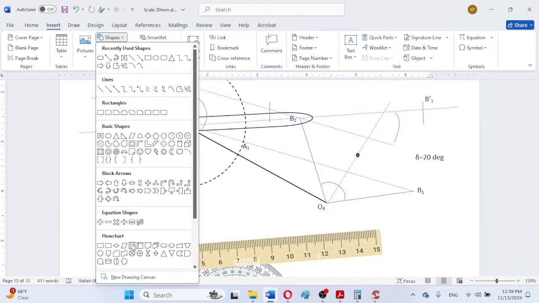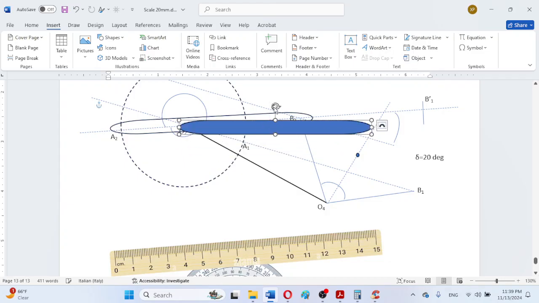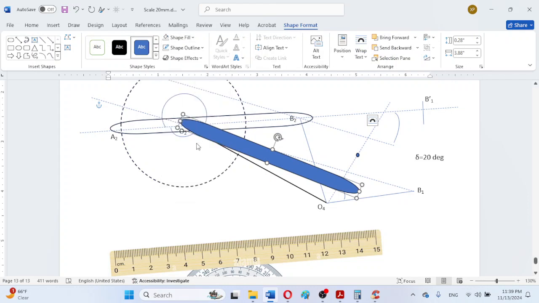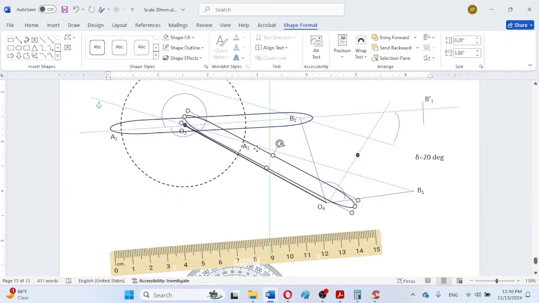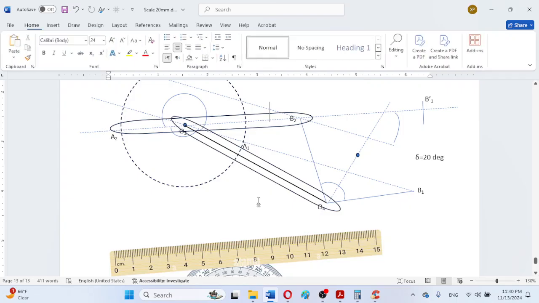In a similar manner, I can just approximate it here like this. Sorry, this is the ground link.